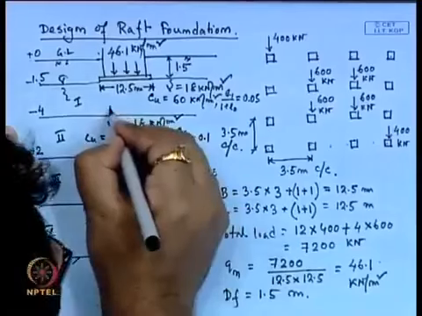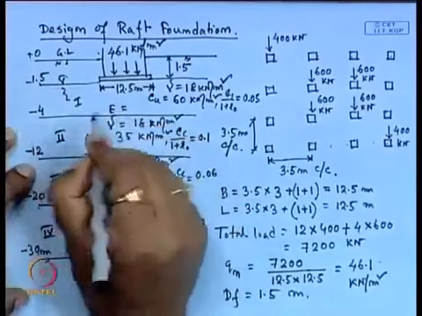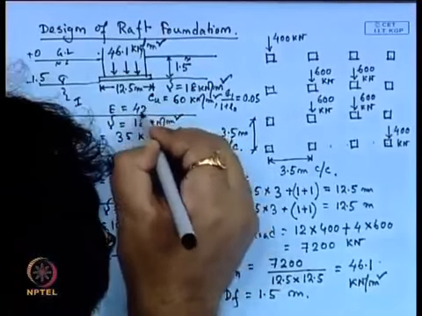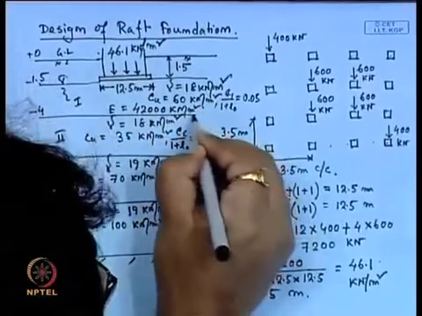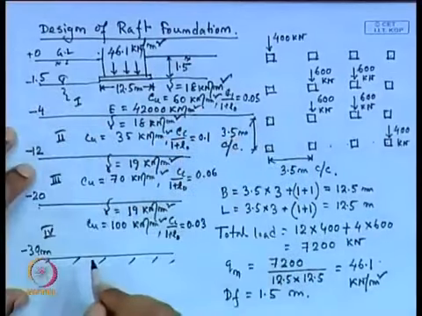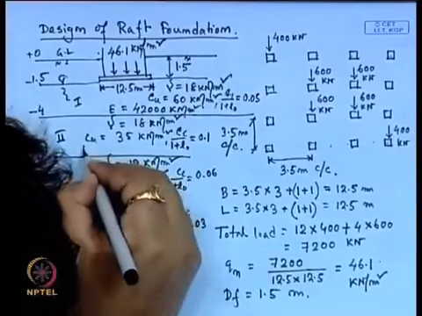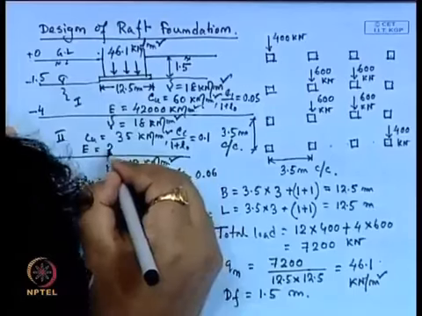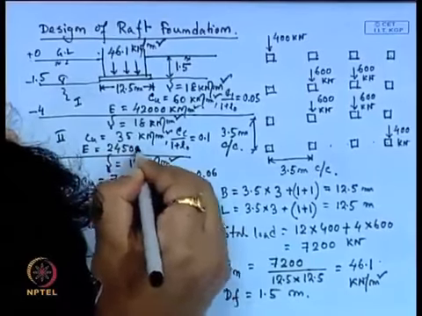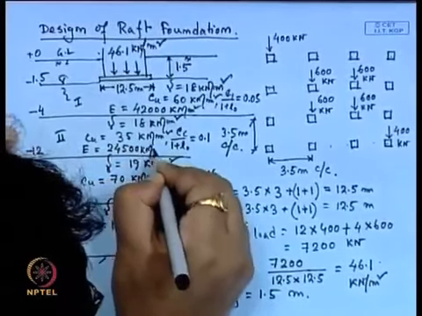Similarly, the E value for the first layer is 42,000 kilonewton per meter square. The E value for the second layer is 24,500 kilonewton per meter square.